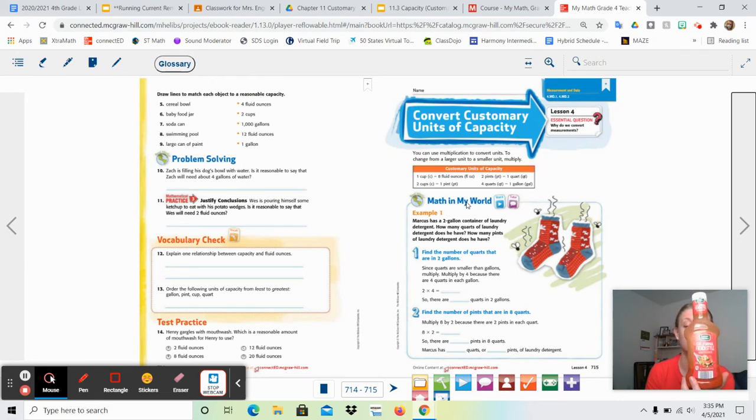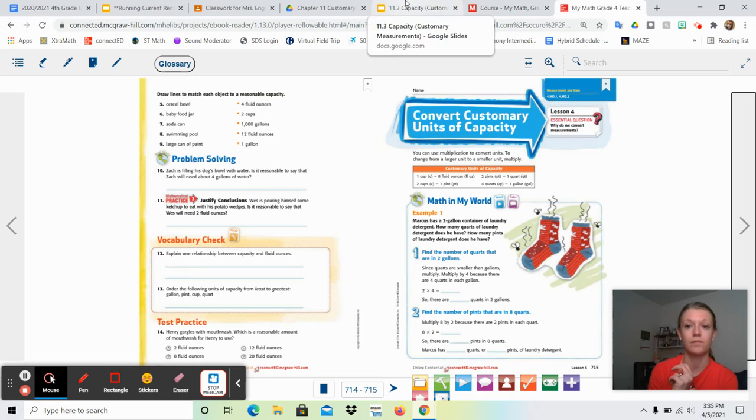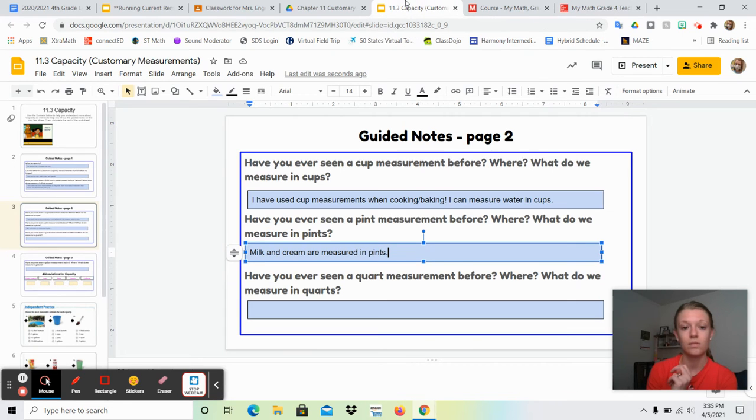Okay, a bottle of dressing that's 16 fluid ounces, that's a pint. So if you can kind of picture this, we have 1 fluid ounce would be 2 of these together. Then this is 1 cup.